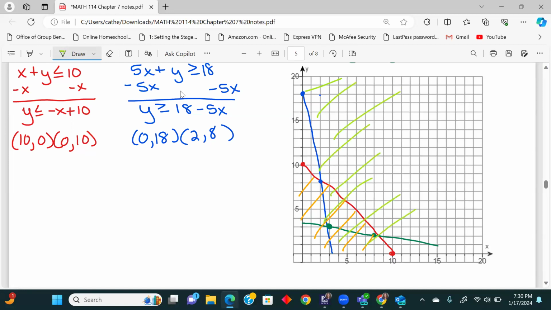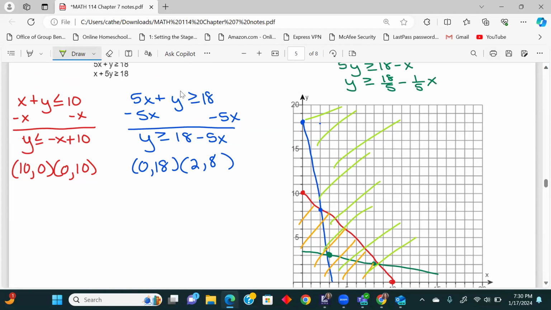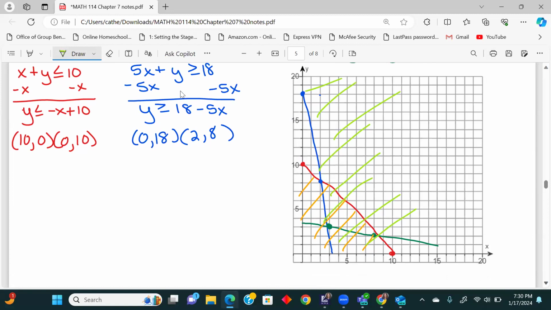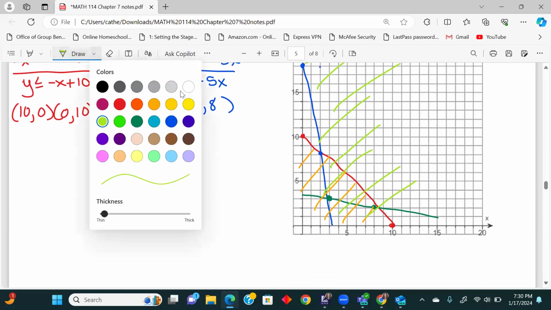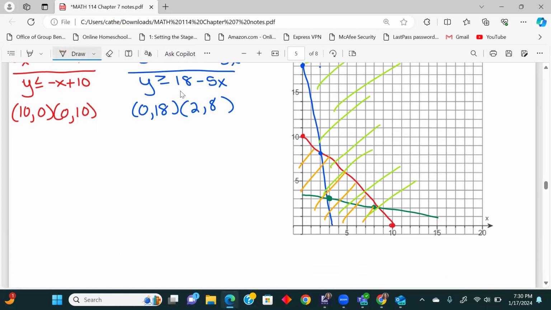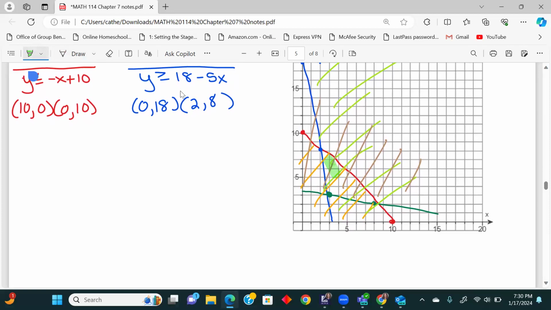And then finally the green. Let's look up here. Was y is greater than, so on the green we want above the line. Let's pick another color. Okay. So the area where all three of them overlap is right here. Shading. So we have a little triangle. Get all these out of the way.